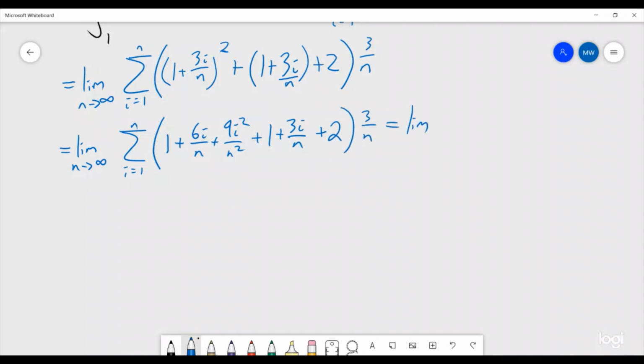That becomes the limit as n goes to infinity of the sum i equals 1 to n of 1 plus 1 plus 2, that goes to a 4.